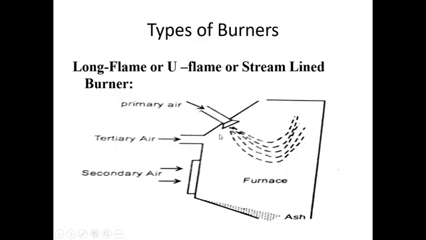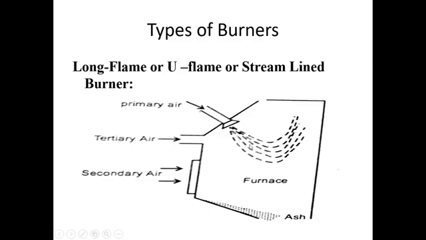Because of this, it will create turbulence, and it will make this shape in this way. The turbulent air is coming from here and the secondary air is forcing towards this, so it will create a shape in the form of U. Because of this, the name is U flame or long flame.